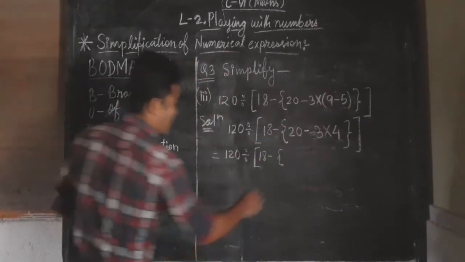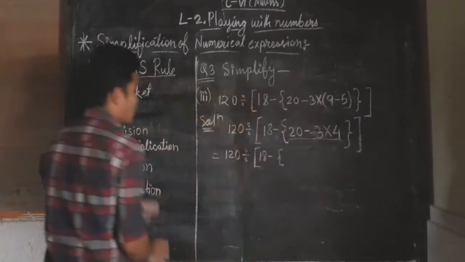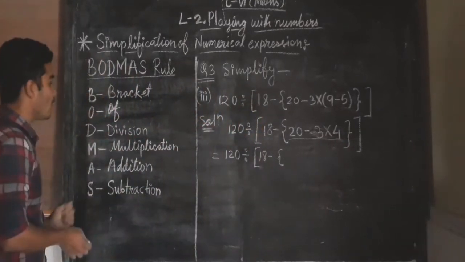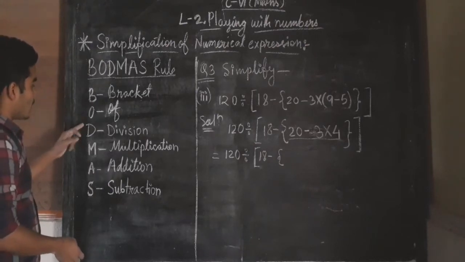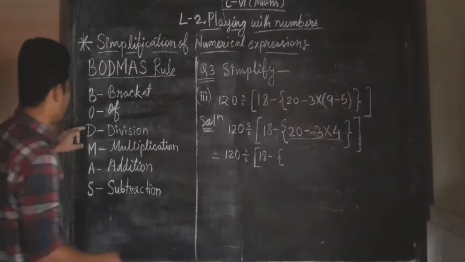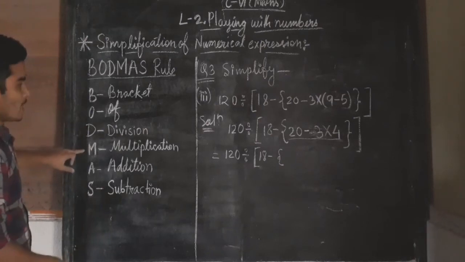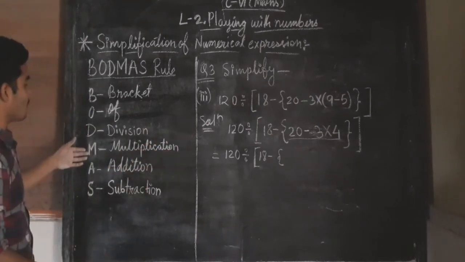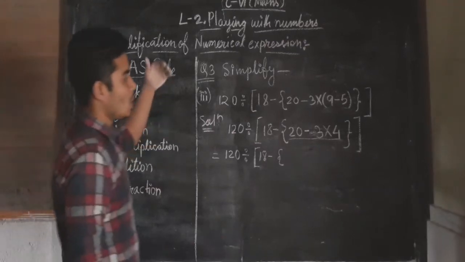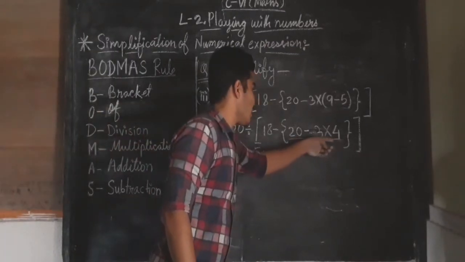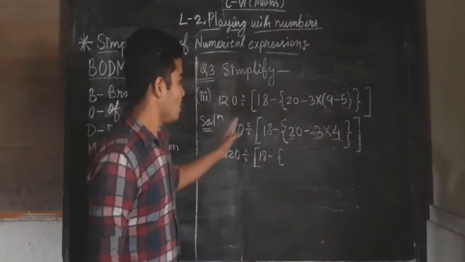Now, for calculating the things inside the bracket, we also have to follow the BODMAS rule. If division is there, we have to do division first. If multiplication is there, we do multiplication next, and then addition and subtraction. This rule we have to follow to calculate the inside things of a bracket also.